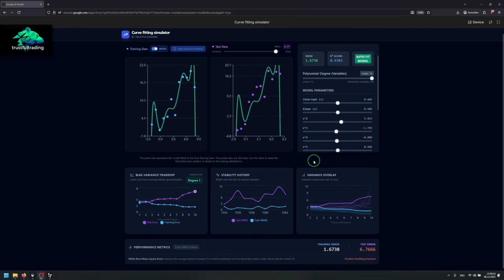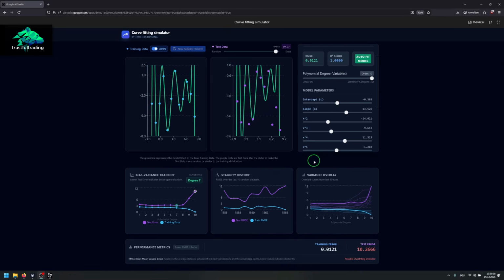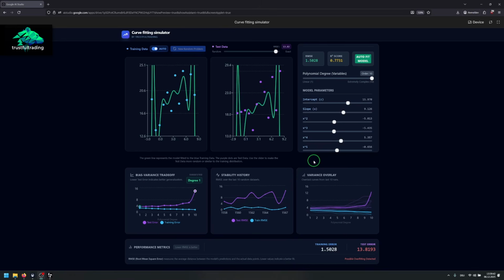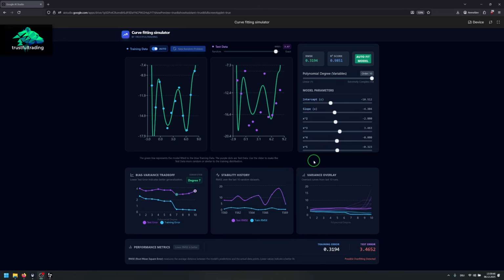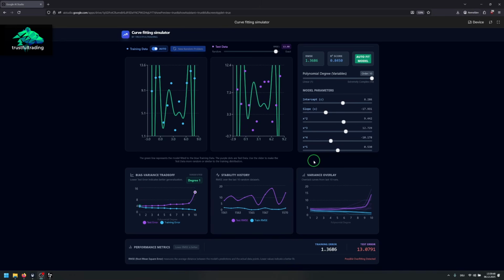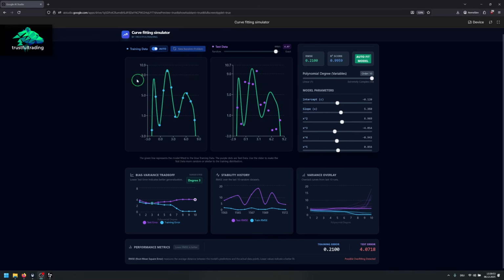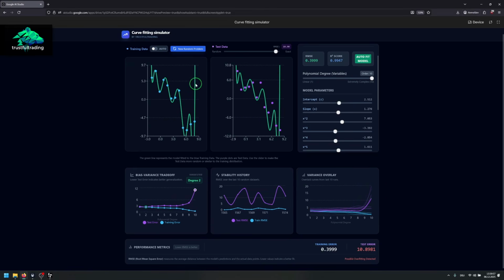Okay, now let's say we are an algo trader and we have a trading system and we use one of these optimizers in the MetaTrader 5 platform, the strategy tester, or any other trading platform, and we optimize our model to get a great looking backtest. So now what we do, let's stop this auto mode here.